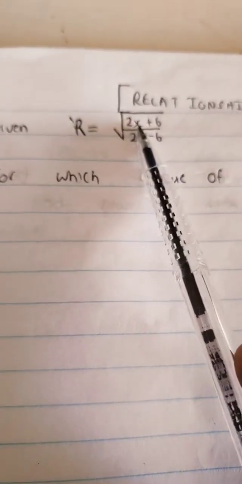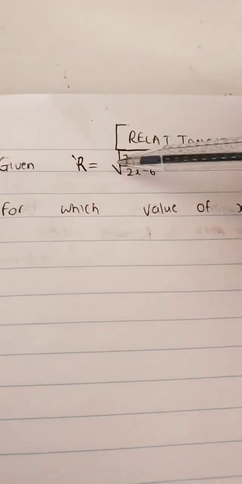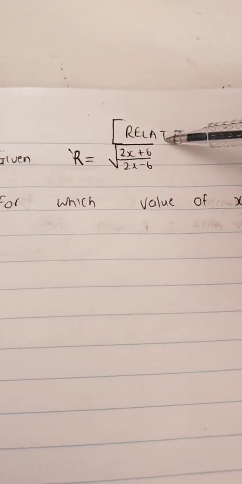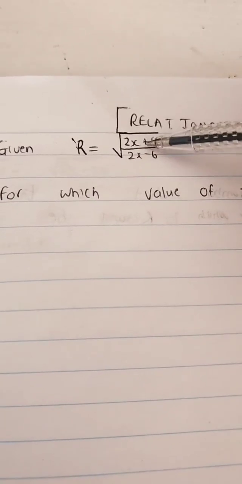Look at the radical. r is equal to the square root of 2x plus 6 over 2x minus 6.